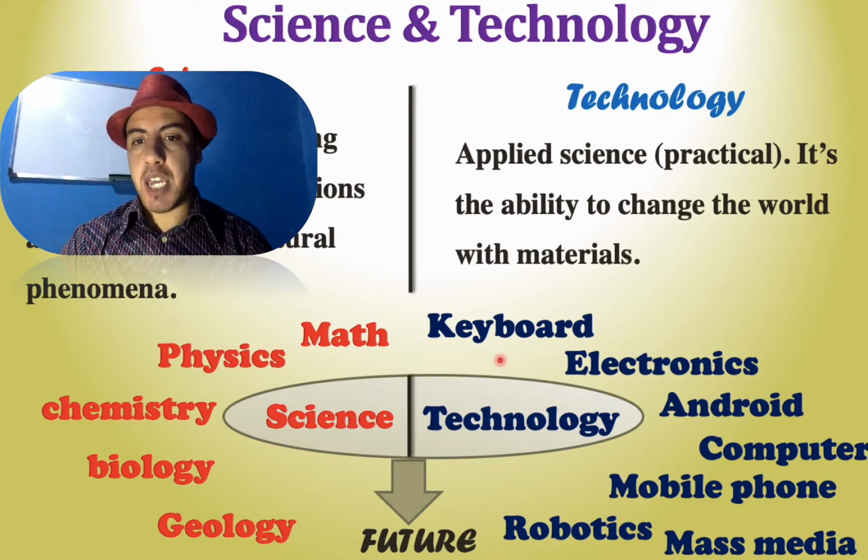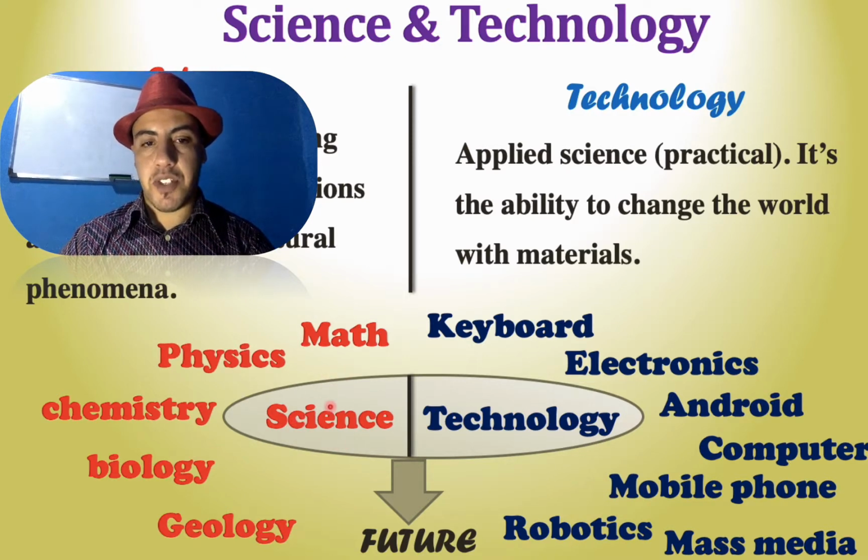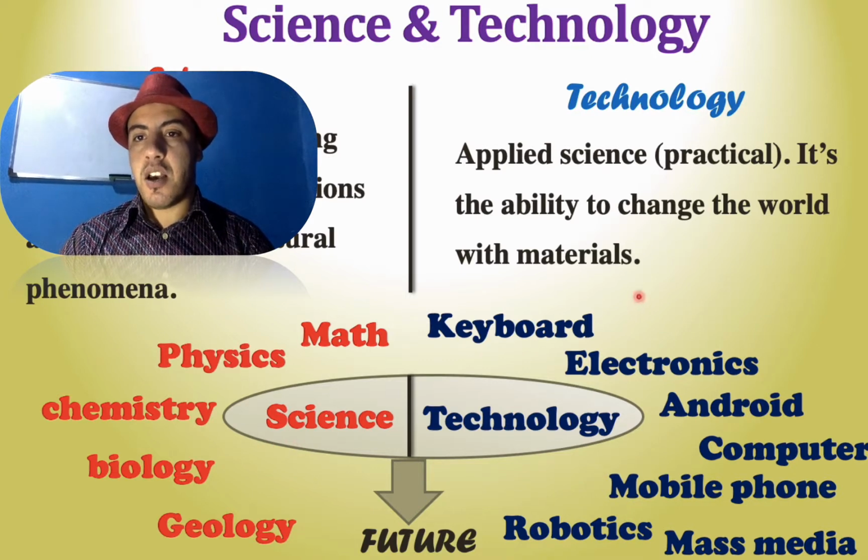So we have, for example, keyboard, smartphone, mobile phone, electronics, Android, computer, laptop, robotics, and mass media. So remember that for science, we have subjects, observations, investigations, and experiments as well. For technology, we are talking about materials that we have, or devices, or gadgets.